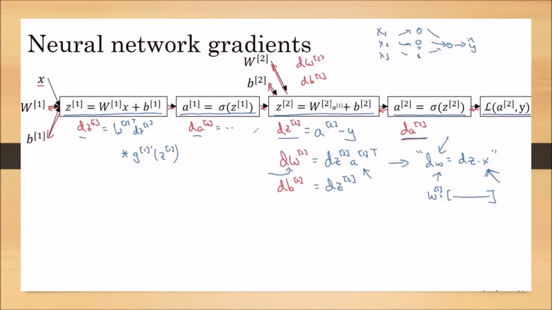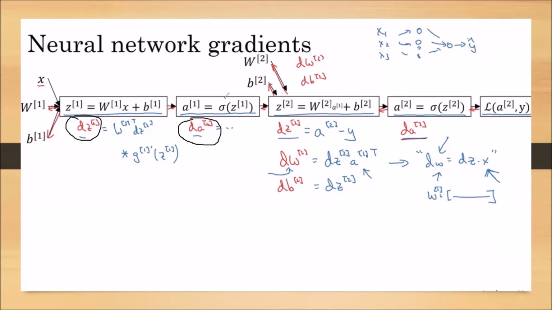But now I want to extend this to calculate the differentiation dA1. What is this dA1? Again, it is the differentiation with respect to the previous layer. So now I am calculating dz1 directly instead of calculating dA1.